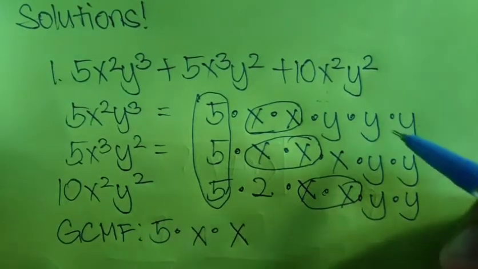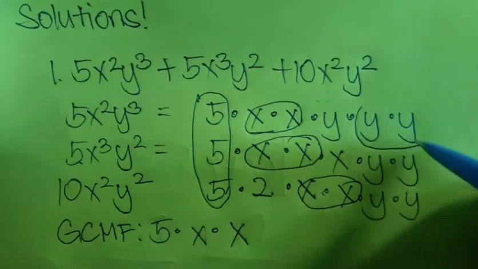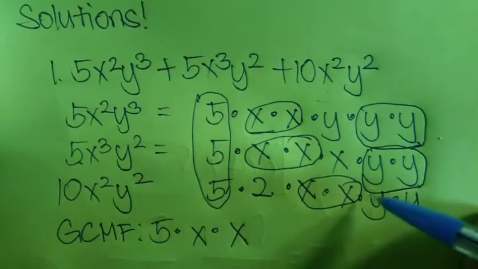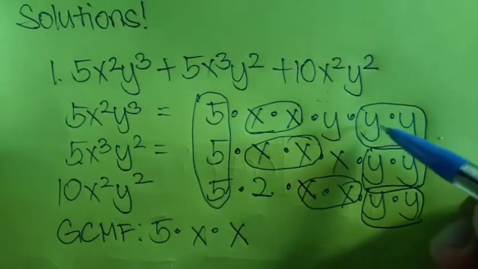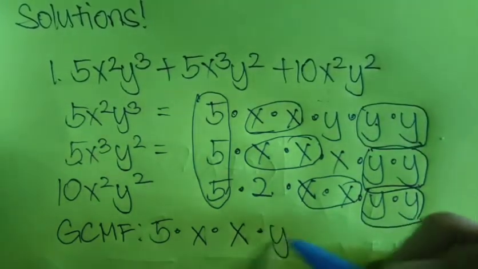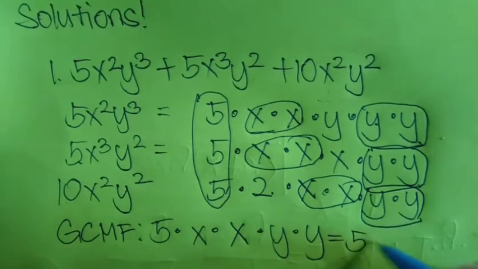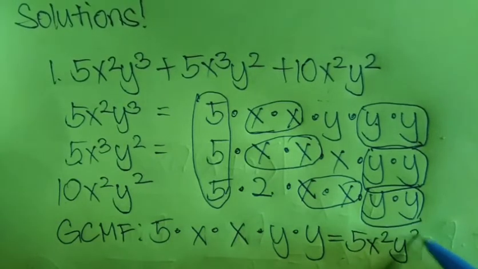Then, we can also see that there are at least 2 y's that are factors of each term, which means y times y is also a part of the GCMF. Simplifying this product, we get 5x squared y squared.